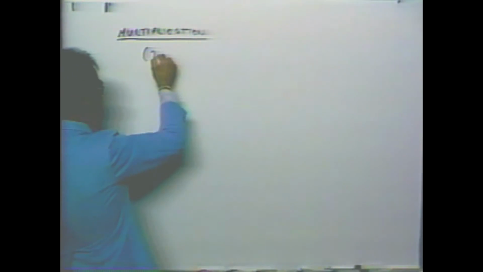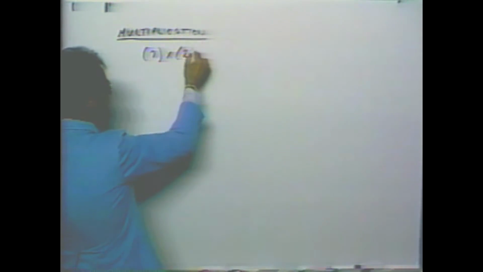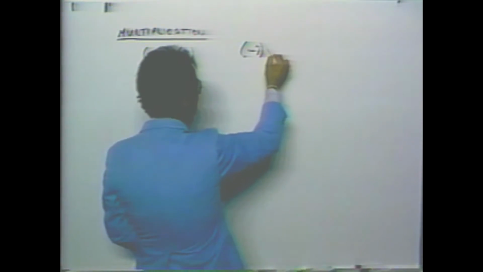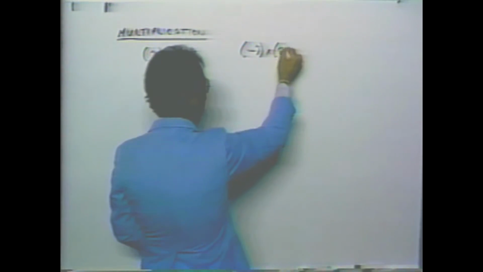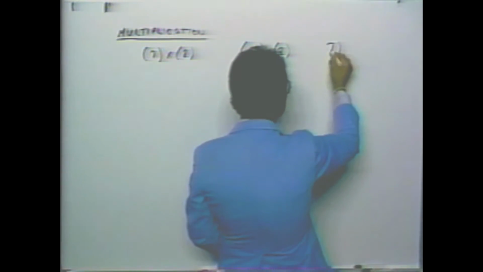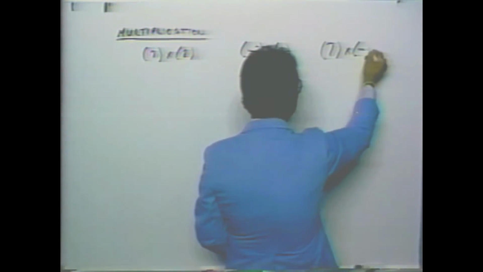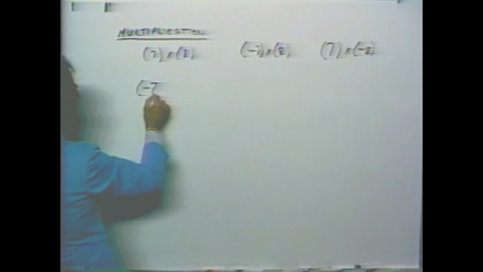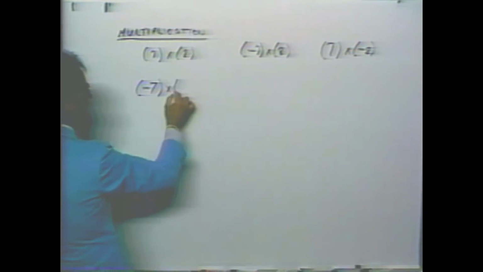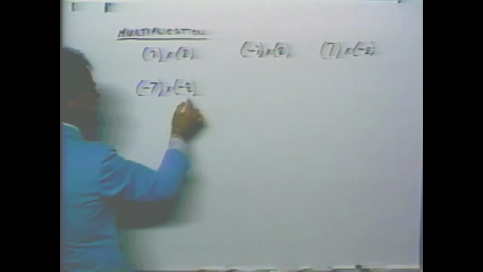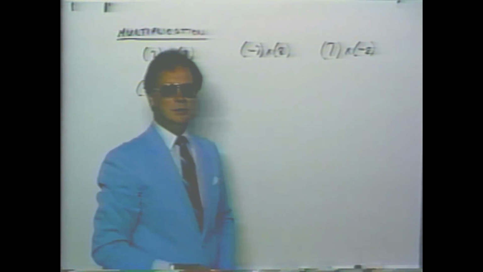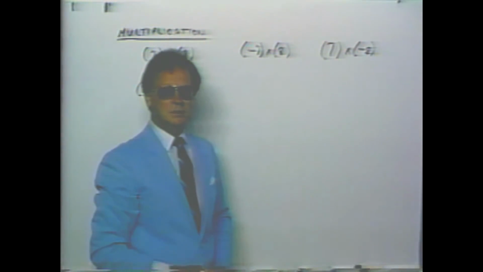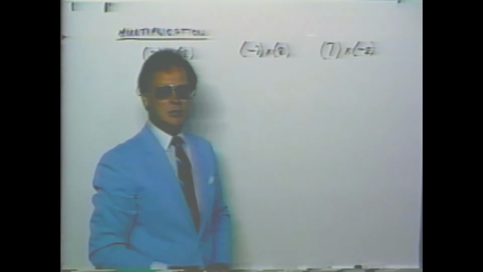Let's take 7 times 8, negative 7 times 8, 7 times negative 8, and negative 7 times negative 8. You'll have to learn some sign rules regarding multiplication of integers.